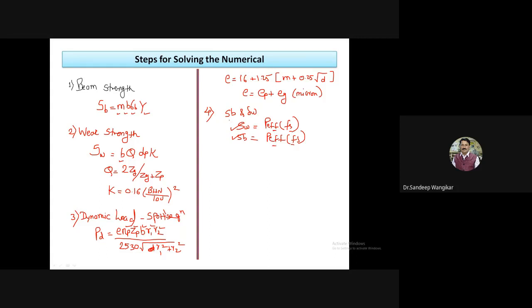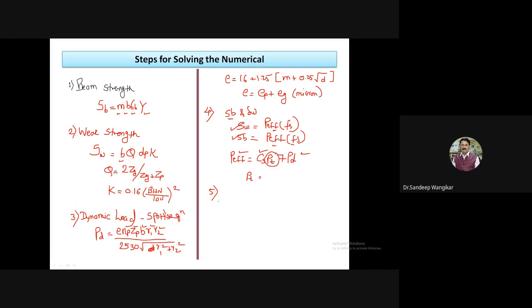Based on whichever is weaker, I will use the formula and get P effective. But another formula for P effective is CS PT plus PD. So CS is given, P effective calculated, and PD calculated by Buckingham's equation. What will be unknown? Unknown will be PT. So you will get PT.